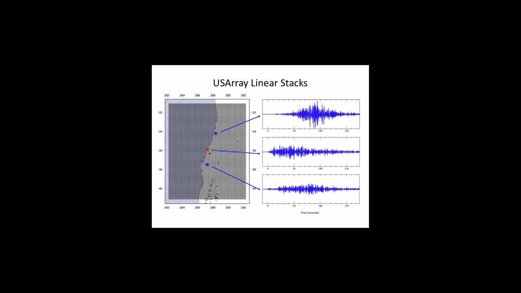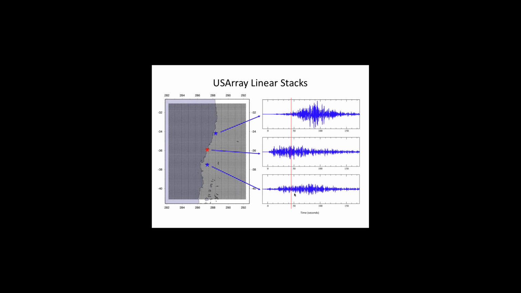Another way to visualize the ruptures is to look at the amplitudes of these stacks at different time slices. To demonstrate that, we'll first look at the stacks at 45 seconds into the rupture. Just by looking at these three stacks, you can see the stacks to the north and to the south have very low amplitude results at this time, whereas the stack at the epicenter has the highest amplitude.